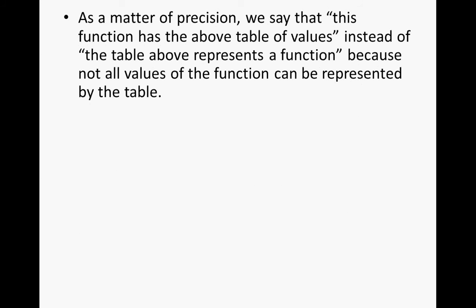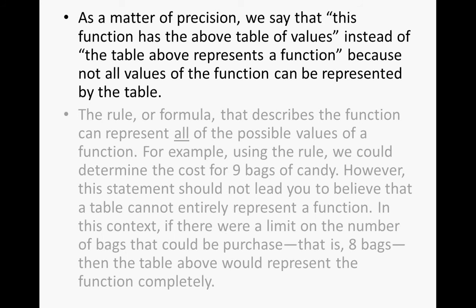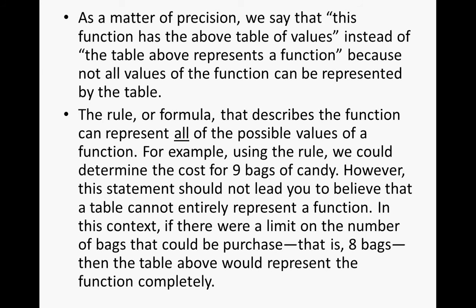As a matter of precision, we say that this function has the above table of values instead of the table above represents a function, because not all values of the function can be represented by the table. The rule or formula that describes a function can represent all of the possible values of a function. For example, using the rule, we could determine the cost of 9 bags of candy.